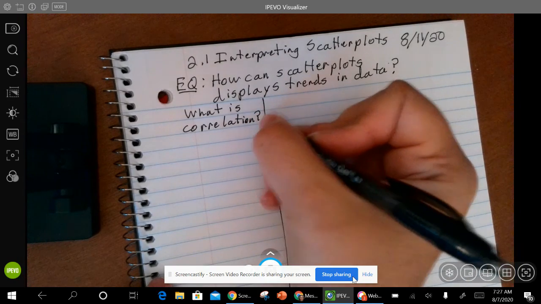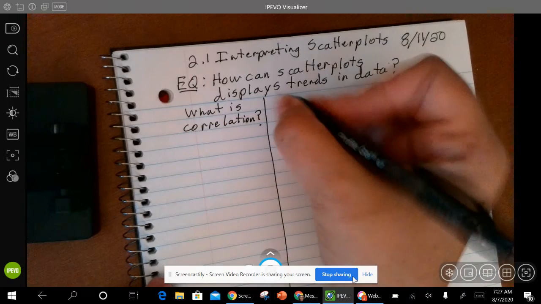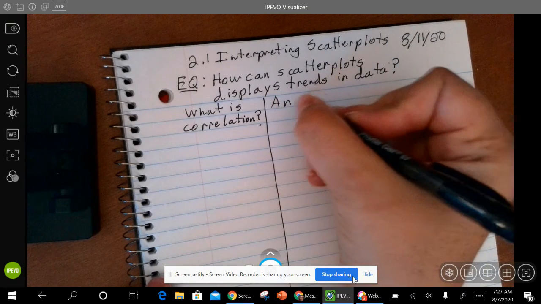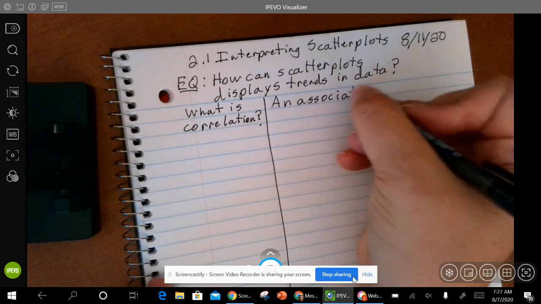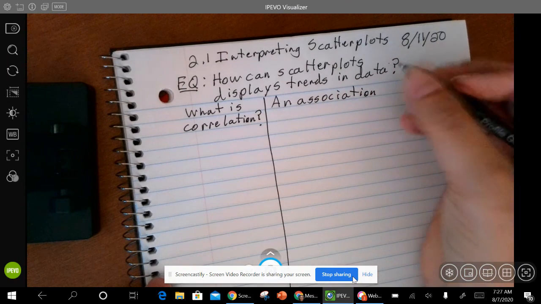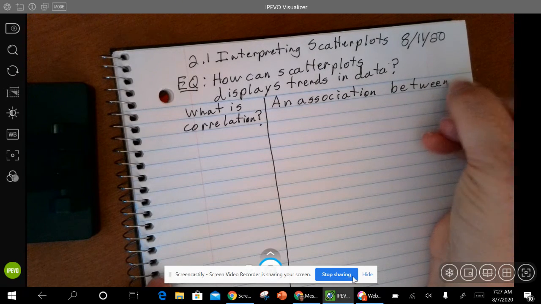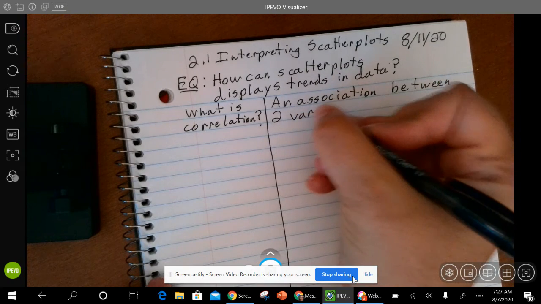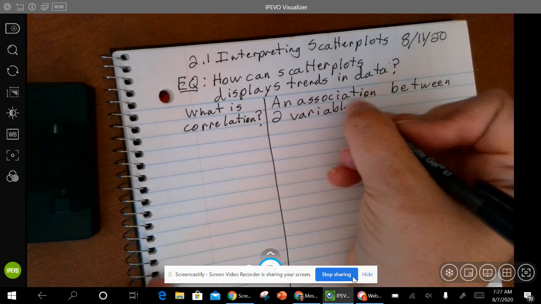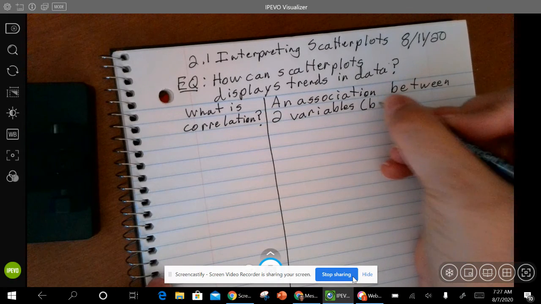Okay, so what is correlation? So correlation is an association between two variables. So if a store owner is just collecting the number of t-shirts sold, then that would be univariate data, so just one.